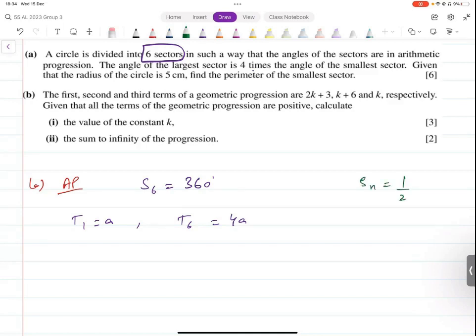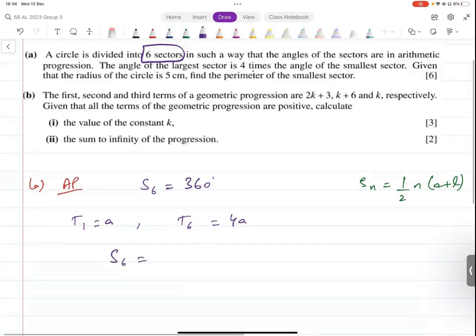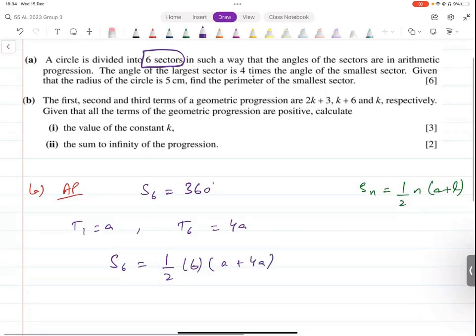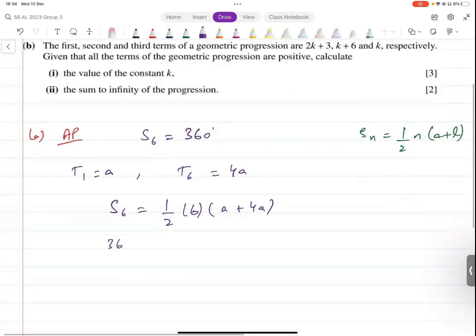Sn equals half n into a plus l, right? So what we can do is we can say the sum of the six terms is equal to half into n. N is 6. A, the first term is a. The last term in these six terms is 4 times a. The sum should be equal to 360.